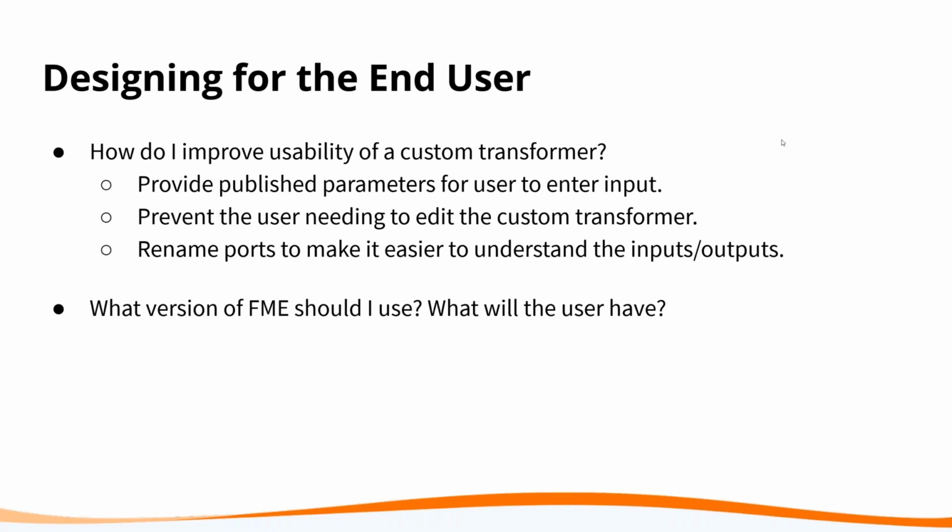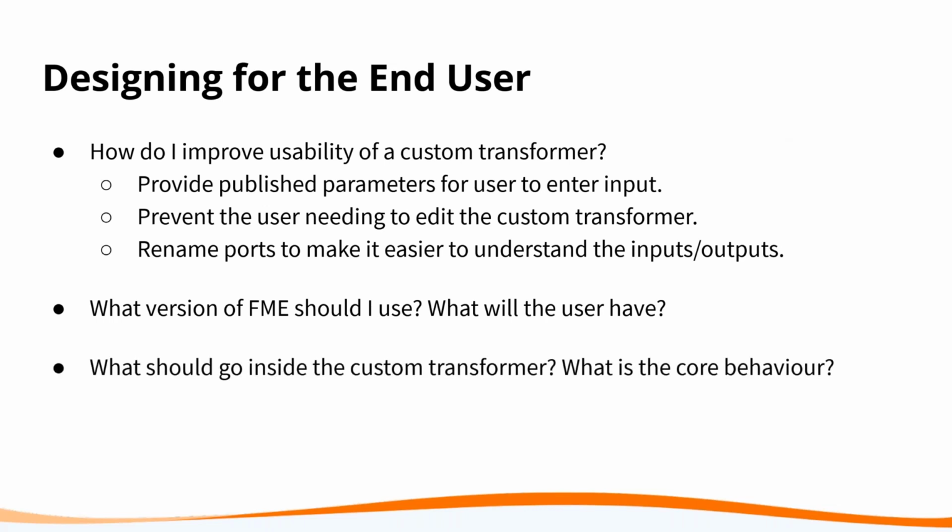So for example, right now, if I create a transformer for the FME Hub, I'm using 2021.0 because even though I've got 2021.2 on my computer, I'm not going to assume that every single user who might want this transformer has upgraded to the very latest version of FME. So even if that version is out, I'm going to use the base version for creating those hub transformers, just so everyone can use them.